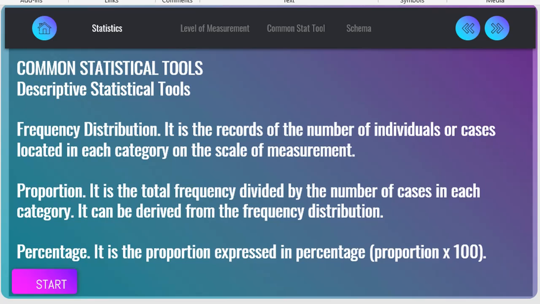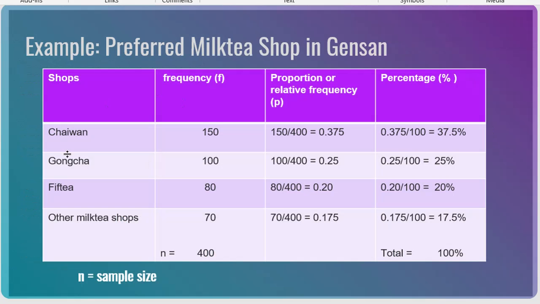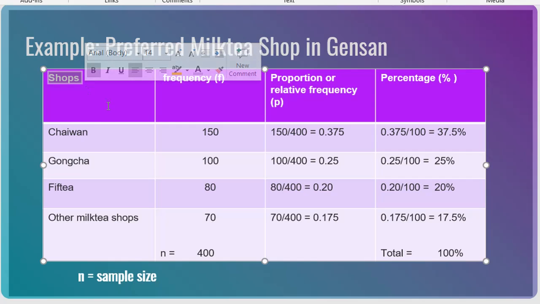Now let me show you an example of the frequency distribution table. So we go back to our examples earlier, the preferred milk tea shop in General Santos City. So these are our indicators. On the first column we wrote the names of the shops. On the second column we wrote the frequency.